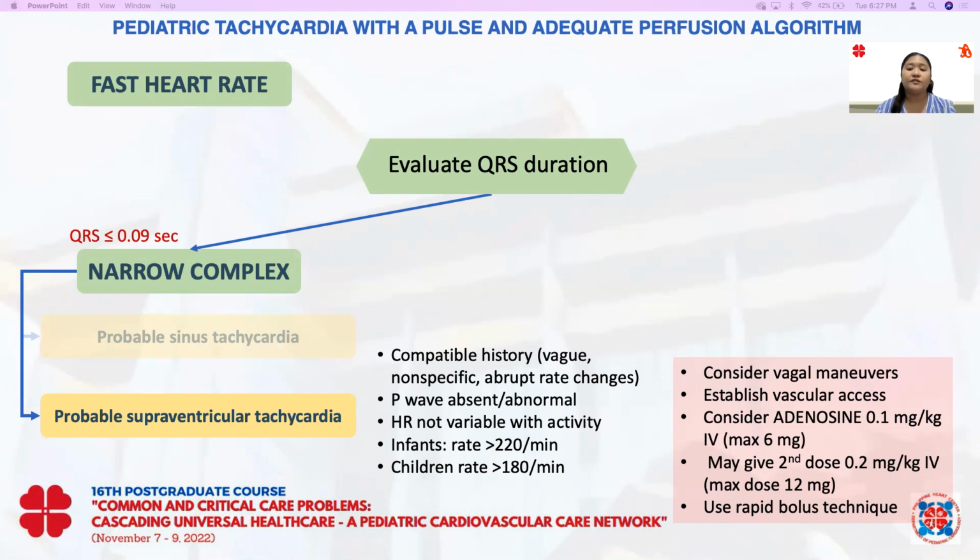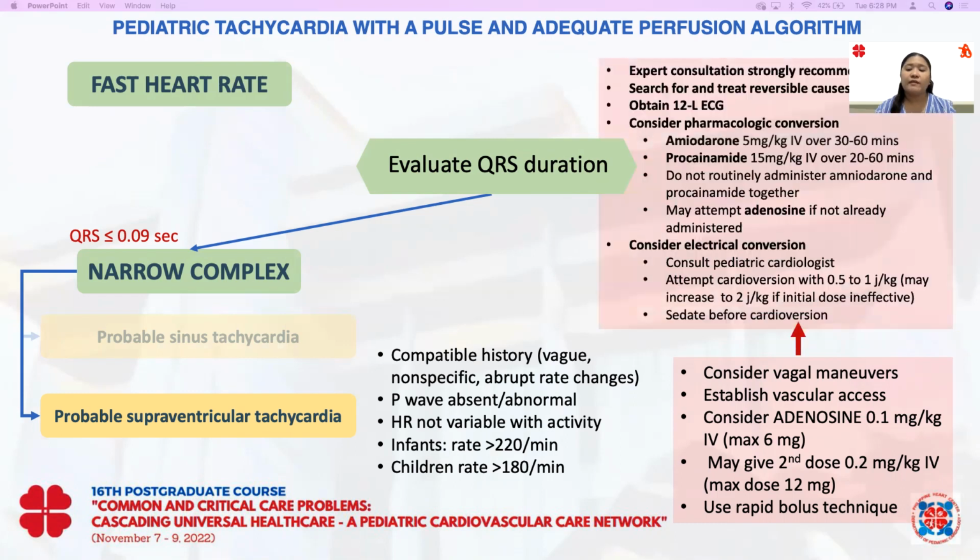So give the adenosine rapidly, followed by flushing with 5 to 10 ml of normal saline. If it fails to convert, a second dose of adenosine may be given. But if this fails again, then we should consider referral to a specialist and we might need to give amiodarone, procainamide, or we might even need to do cardioversion.